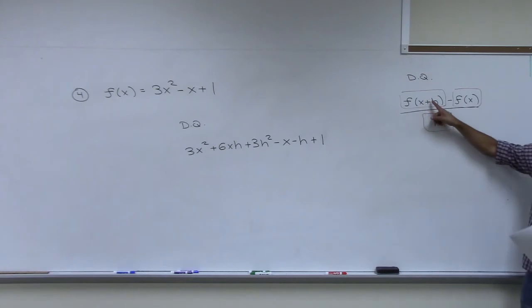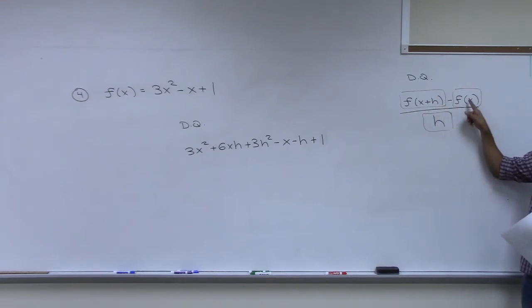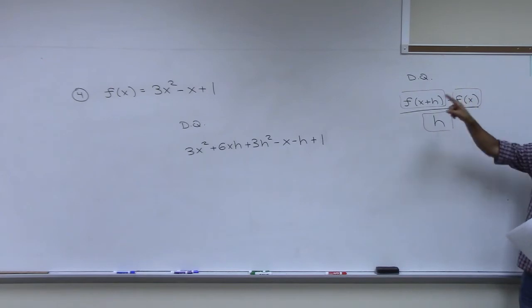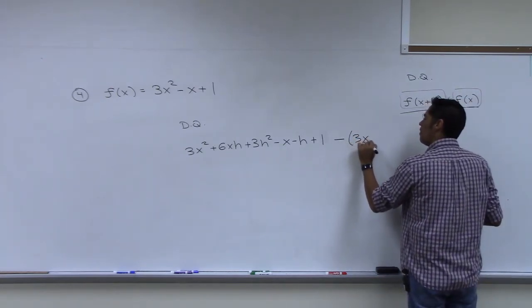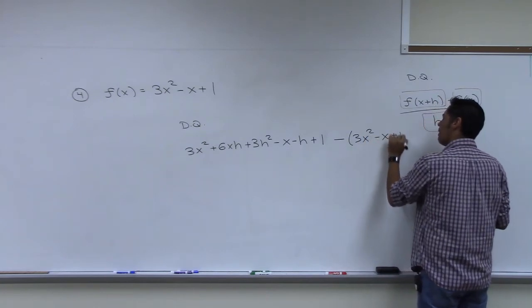That's this, okay? Or y'all understand? I'm not showing the work because we already did that in 2C. Yeah? Okay. We need to subtract from that what? The entire function, right? So all of that up there, minus, and then the whole thing in parentheses.